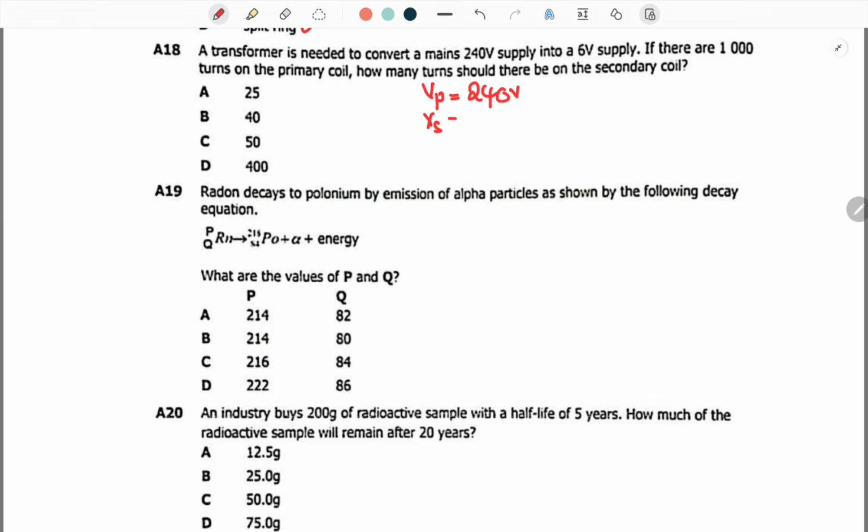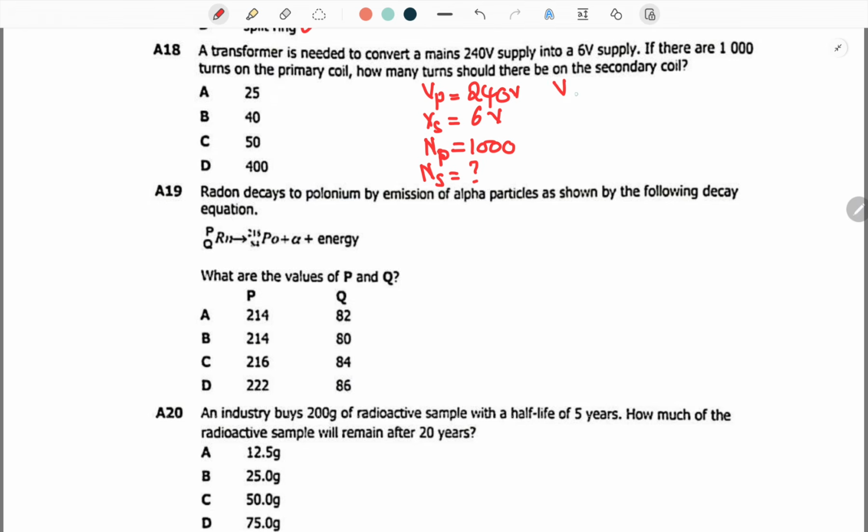Your voltage secondary is what they mentioned second, which is your 6 volts. Then your number of turns primary is the 1000. Then your number of turns secondary is what they want you to calculate. What is the formula you are going to use? Of course, it's the voltage.